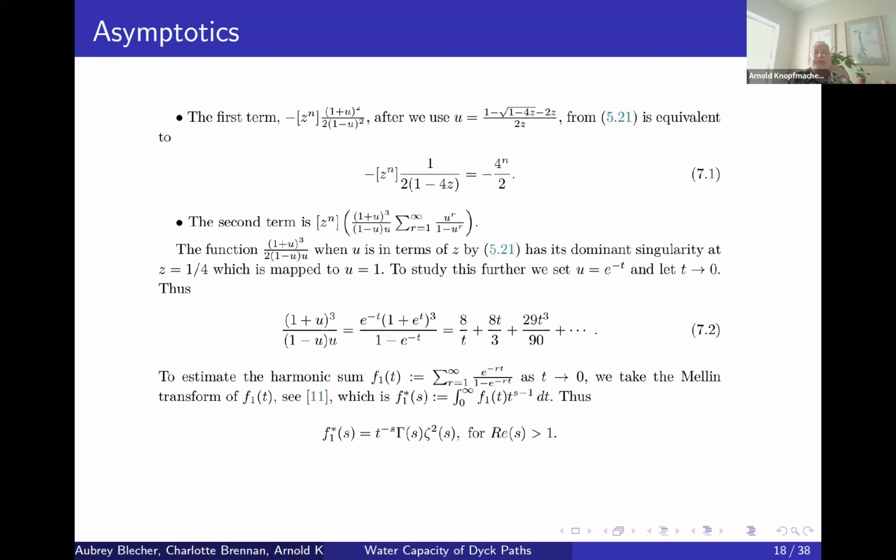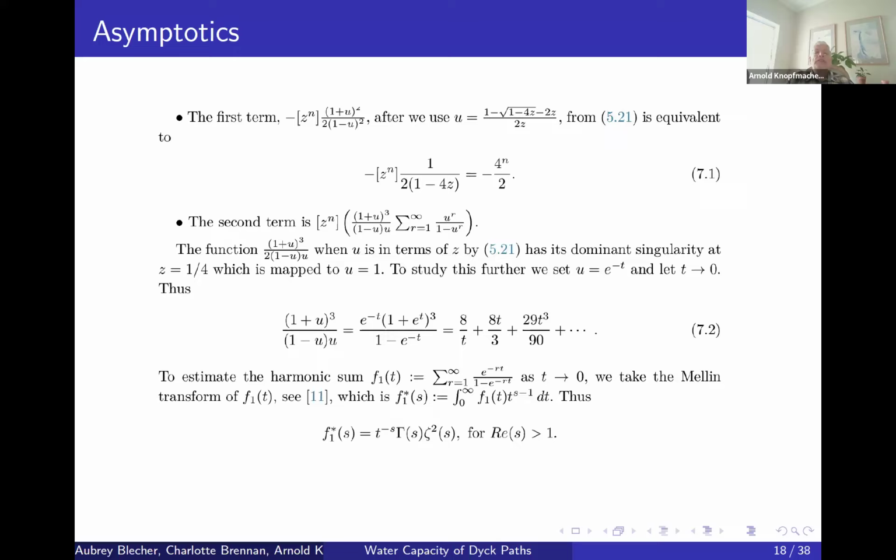Okay, so the first thing is we go back to our expression for the total capacity generating function, which is a function of u. And some of the terms are simple enough that we can actually just substitute back what u is in terms of z.